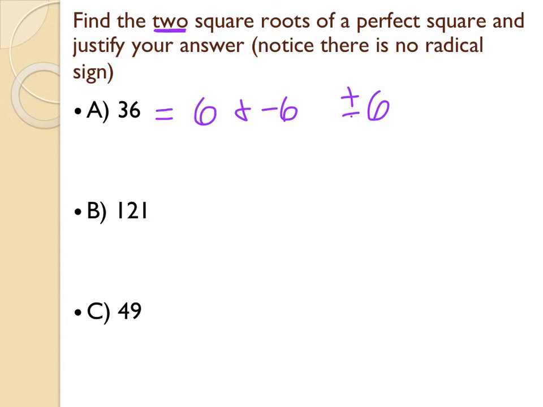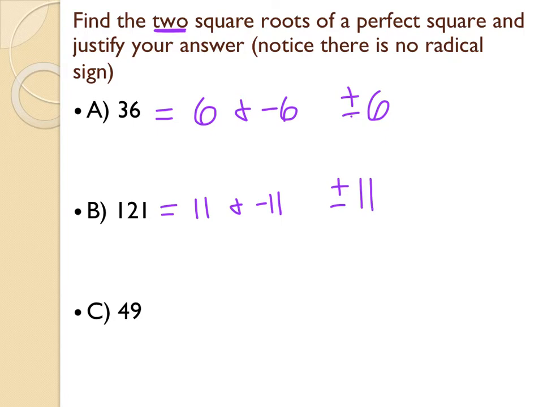So B, 121. So I'm going to think about my multiplication facts of which number multiplied by itself equals 121, and I know that 11 times 11 equals 121. So I have 11 and negative 11, because negative 11 times negative 11 equals 121. You can also write it like this.